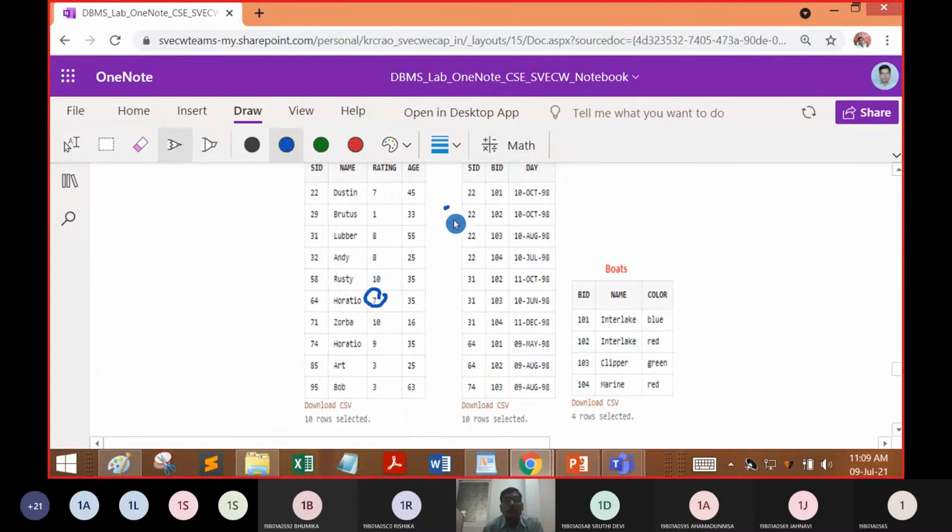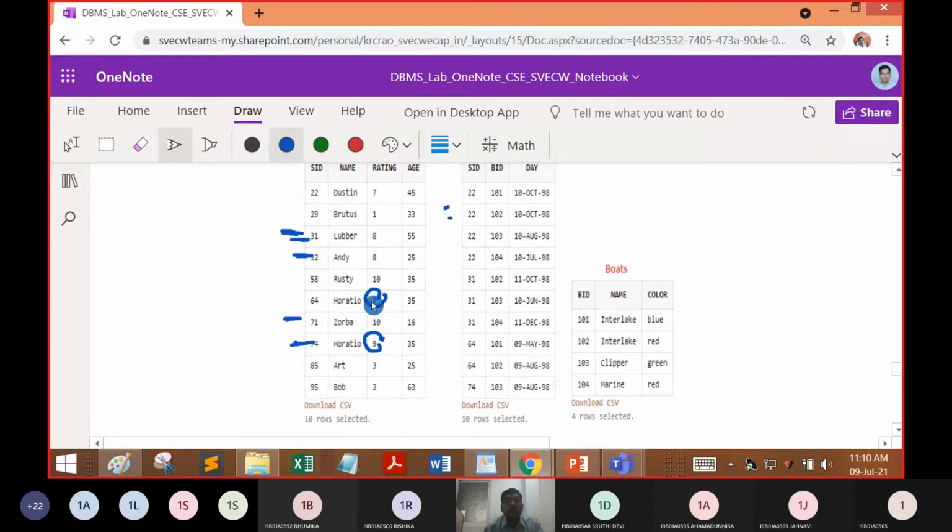So now whoever is greater than 7, 1 I can call it as 31, 2 I can call it as, then 30 it can be another Horatio with the rating 9, and Jorba. So there are 4 events, right? Now let us check, there is another Horatio which is greater than 7, so that is 9 here.